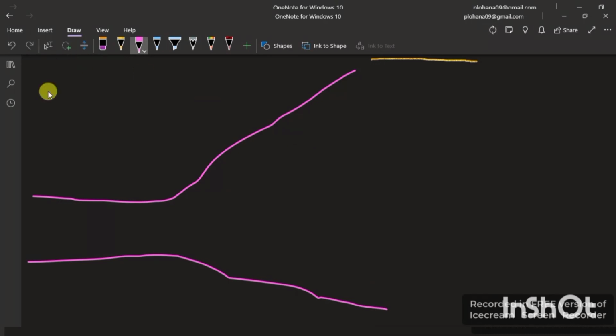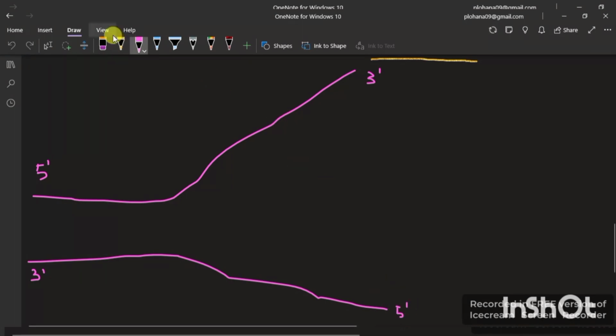This is the 5' end of this strand. If this is the 5' end, this must be the 3' end. And if this is the 5' end, because this is the complementary strand of this, this must be the 3' end, and here must be the 5' end.